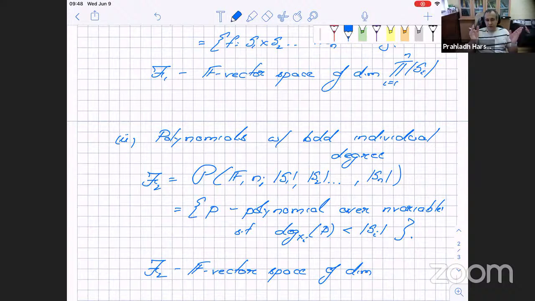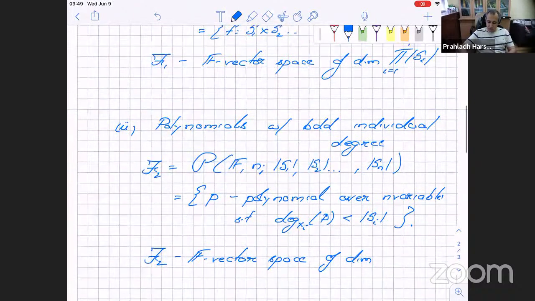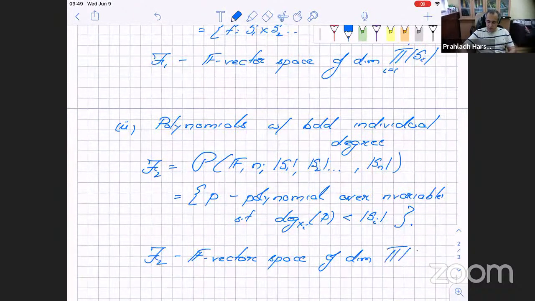Therefore, there are size of Si possibilities. Therefore, this was also of dimension the product of the sizes of Si. So these two are vector spaces, actually isomorphic vector spaces, but I actually want to say they are actually the same object.